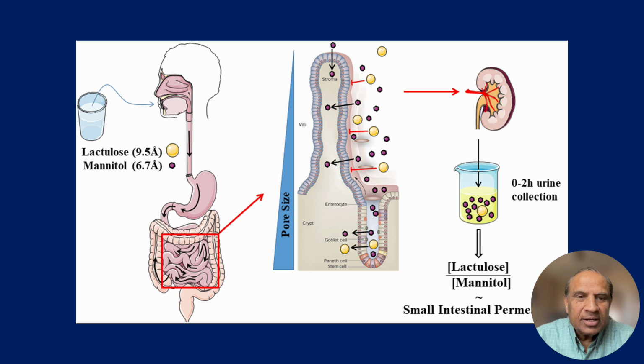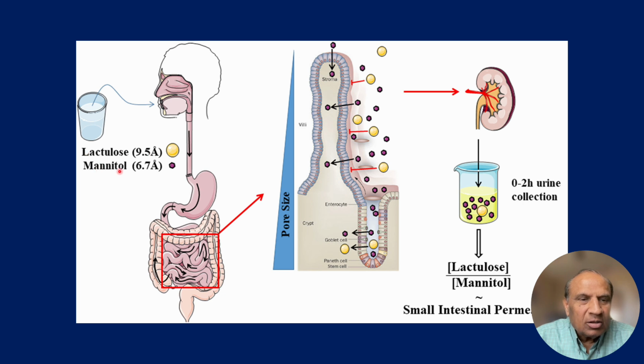So how do we measure intestinal permeability? We want to see that molecules of a size larger than the tight gap junction or tight junction should not pass through the intestinal wall. So if we look at this diagram, there are two molecules we chose.